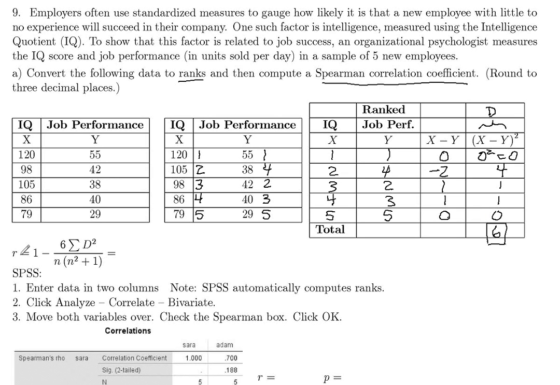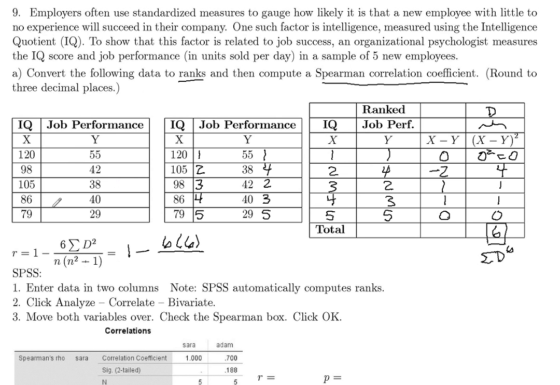The formula for the Spearman correlation coefficient is 1 minus 6 times the sum of the differences squared, the sum of d squared, that's this number right here, the 6, divided by n times n squared minus 1, where n is the number of pairs.